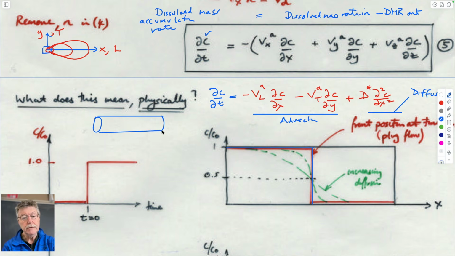So this would be x and longitudinal, y would be transverse. Actually, nothing can happen in the y direction because we only care about it along the core, and we'll assume that every other section in the y direction looks the same.